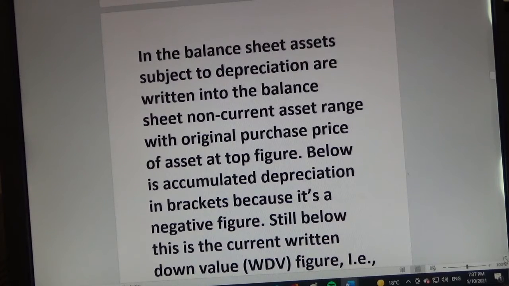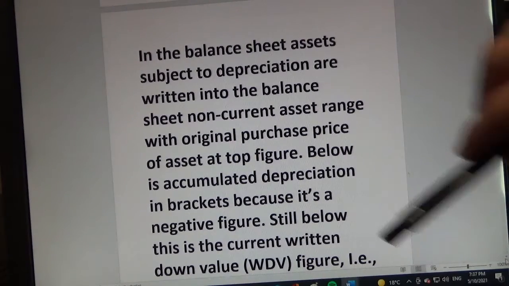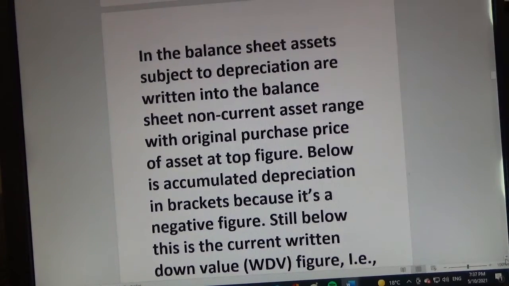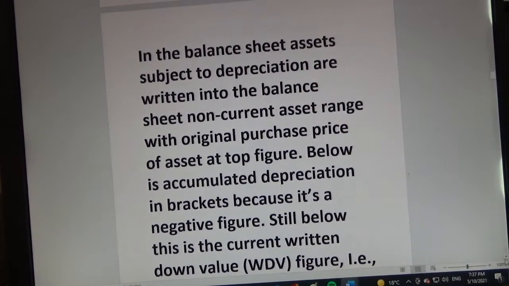And that accumulated depreciation figure is written in brackets because it's a negative figure. Accumulated depreciation is always negative. It makes the price of the asset go south. And then below that are those two items, purchase price minus accumulated depreciation.